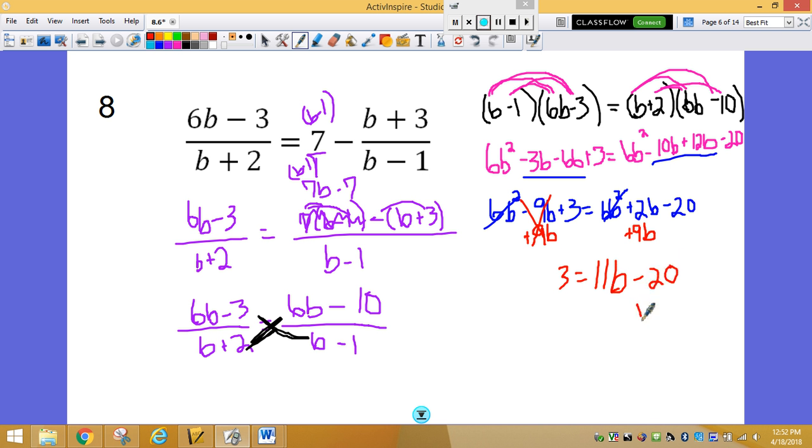Now I'm going to move my 20 over by adding 20. So I get 23 equals 11b. Divide by 11. And b equals, if you do that in your calculator, you'll get a crazy long decimal, which we don't like. So b is just 23 over 11.